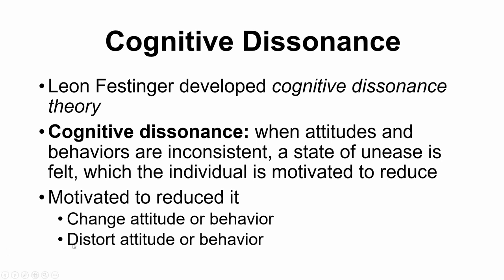But there are also ways that people can distort their attitude or behavior. So they can deny that their attitude is one way or another, or they might deny that their behavior is inconsistent with their attitude. And so with the example of orange juice versus grape juice, that might be kind of difficult. So maybe somebody could say, oh, I've never said that I liked orange juice.